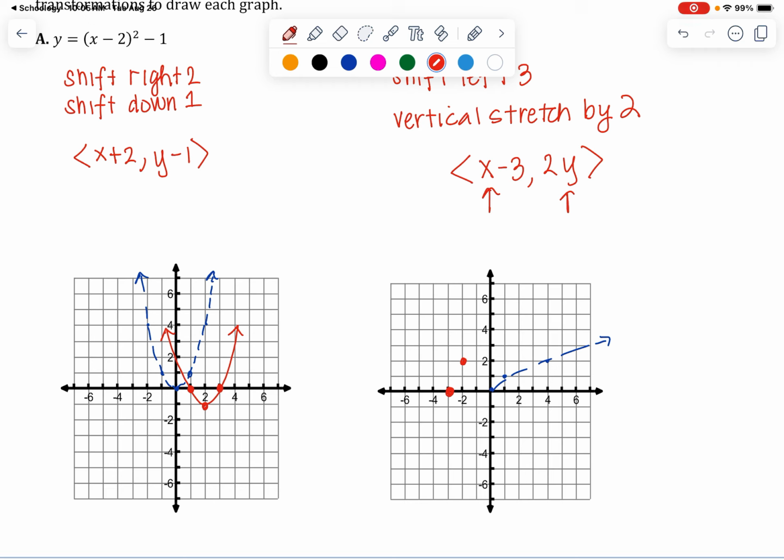So notice that is pulling it farther away from the x-axis. And then 4, 2, if you plug in 4, you get 1. And then if you plug in 2, you get 4. And if you look at what you're supposed to have, this vertical stretch is pulling it away from the x-axis. That's what you have. Yeah?